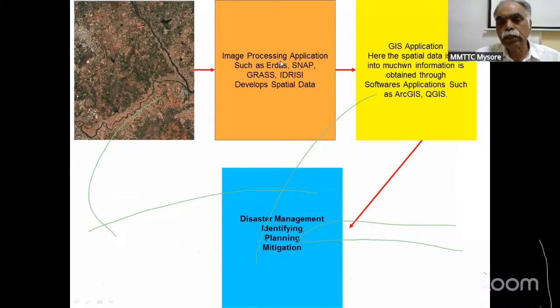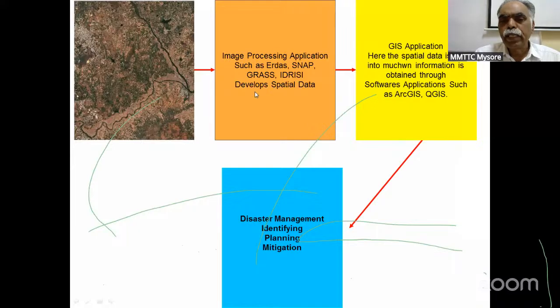For the processing, there is software application, such as ELDA, SNAP, GRASS, IDRISI. There are many applications available in order to generate the data. This is application software which will process the satellite images and generate the data.